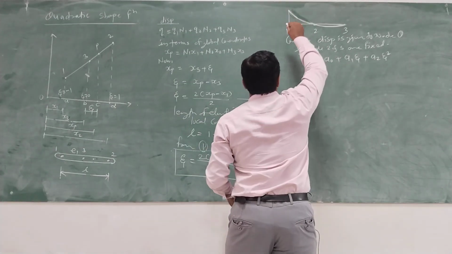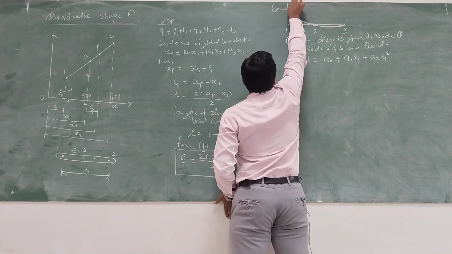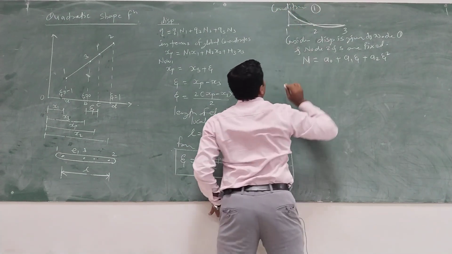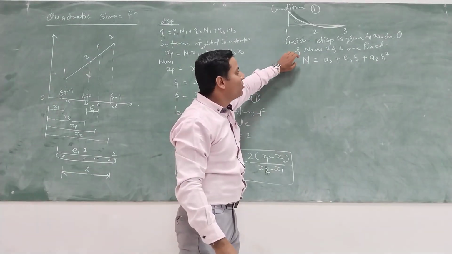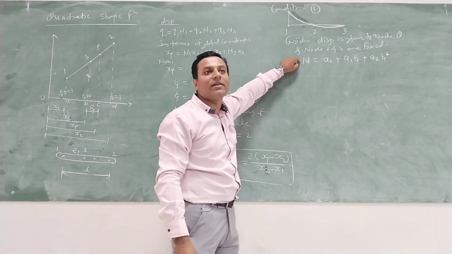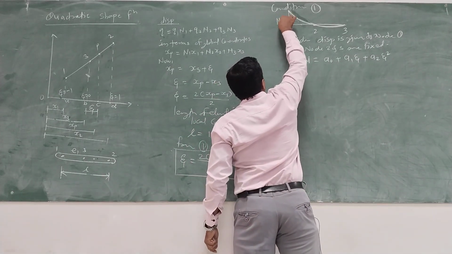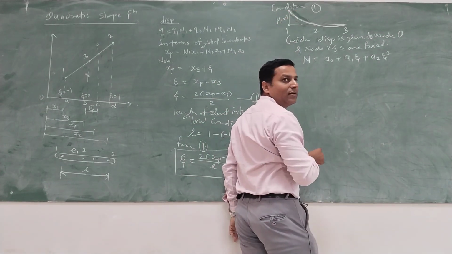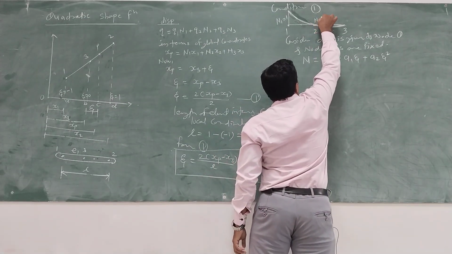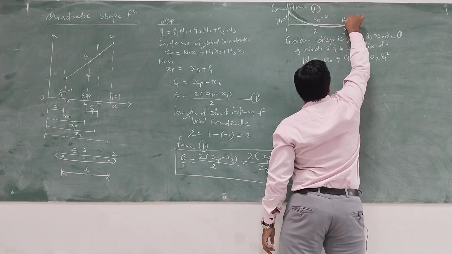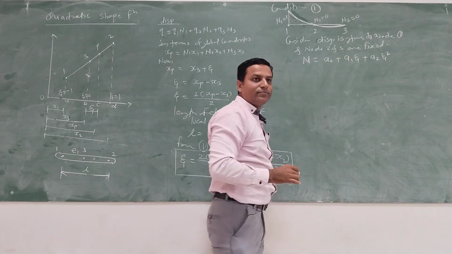So here I'll write condition 1, and for this condition I am going to determine shape function 1. Displacement मी पहिल्याच दिले ना. So here n1 will be equal to 1, n2 0, n3 0.